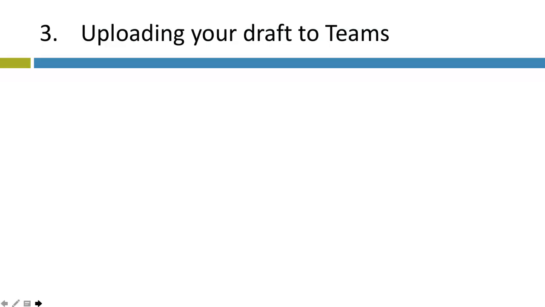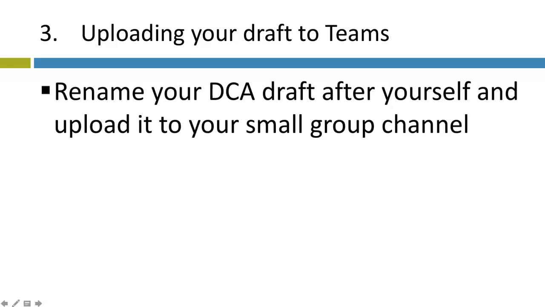Next, let's talk about uploading your rough draft to Teams. So the first thing that you are going to do is to take your rough draft and to rename it after yourself. So if your name is Jane Smith, that will become the name of your rough draft.